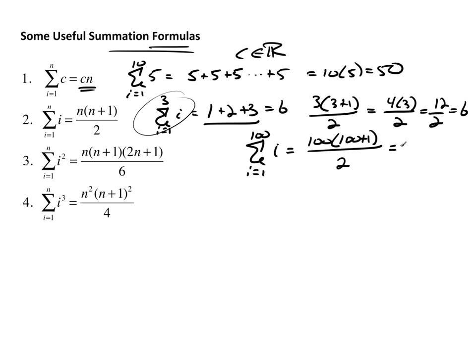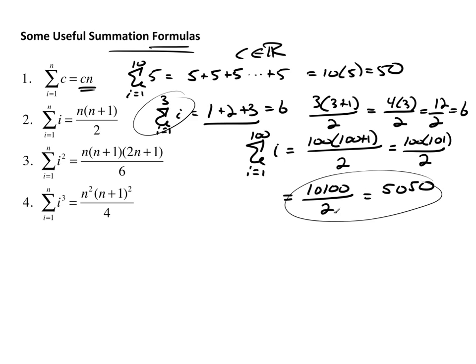That equals 100 times 101 divided by 2, which is 10,100 divided by 2, which is 5,050. This is a lot faster than going 1 plus 2 plus 3 plus 4 and so forth.